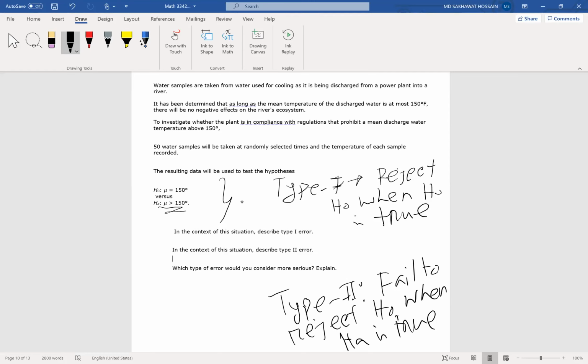Okay. So if we reject the null and actually they are discharging water with temperature above 150, is it a correct decision or any type of error?